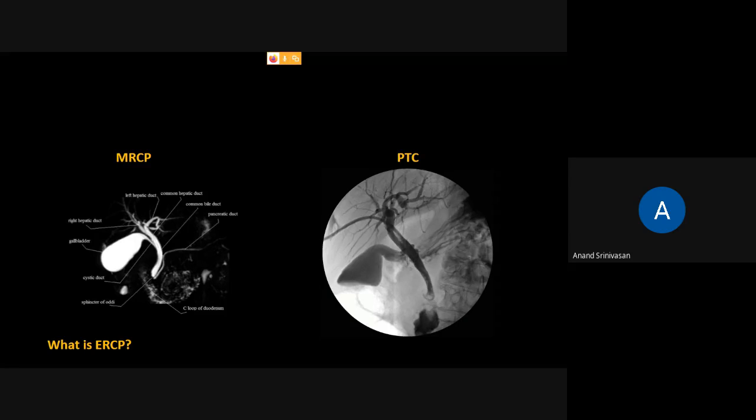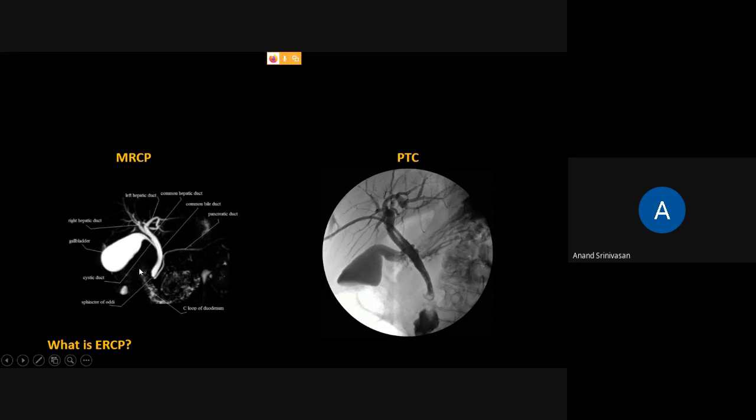So what is it? Magnetic resonance, so they use a magnet like MRI. It's similar to MRI. What is the meaning of cholangiopancreatography? They inject a dye.